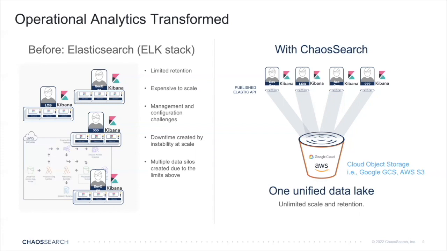And the benefit of our platform is cloud storage is infinitely scalable. We don't have to worry about the storage provisioning. We just activate it. We make it hot. We make it available using a well-known API like Elastic. And we have a built-in Kibana interface, actually the OpenSearch Kibana interface that everyone is using today.